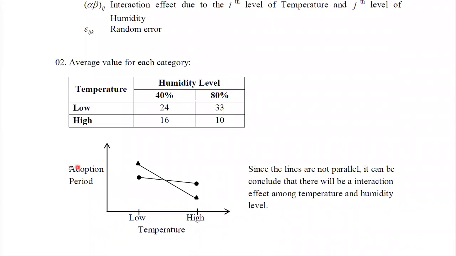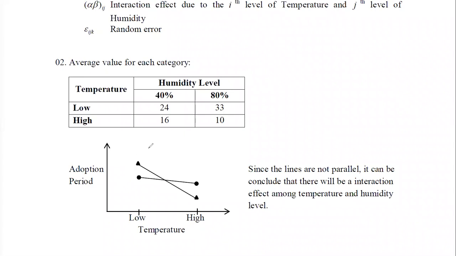Here the adoption period is included, and I have considered temperature as my x-axis. In the temperature, there are two levels, low and high. To denote the humidity level, I have used two separate notations.